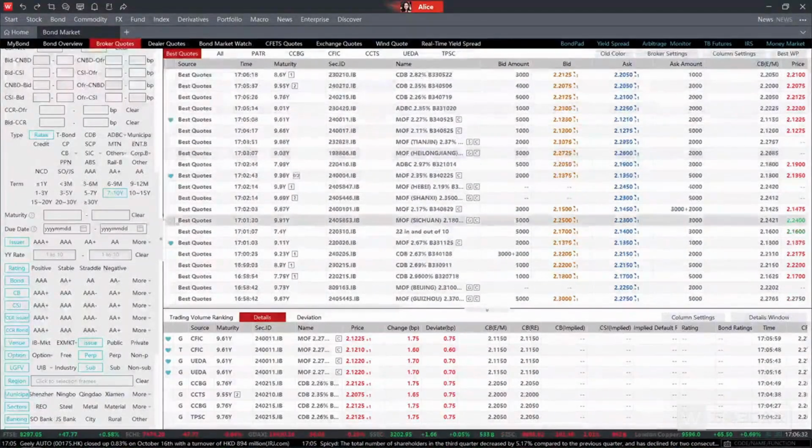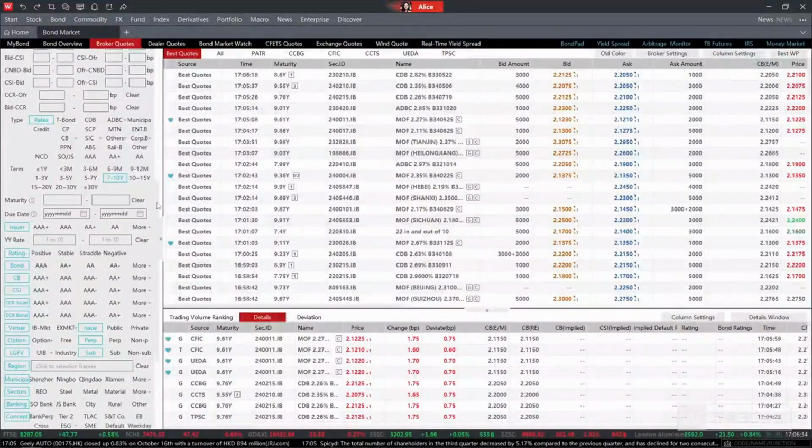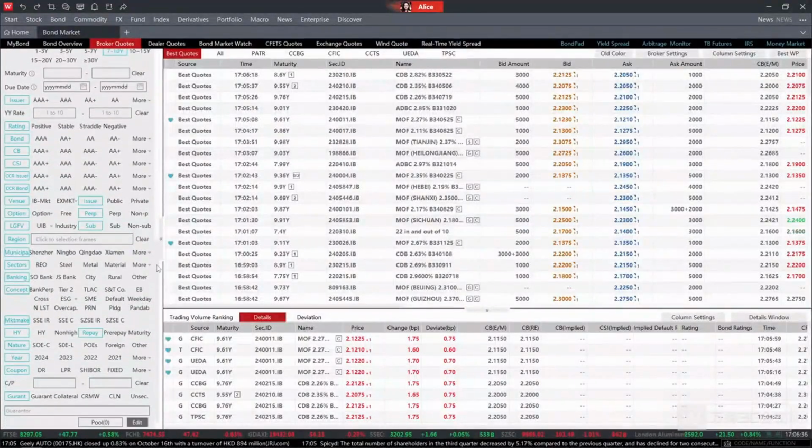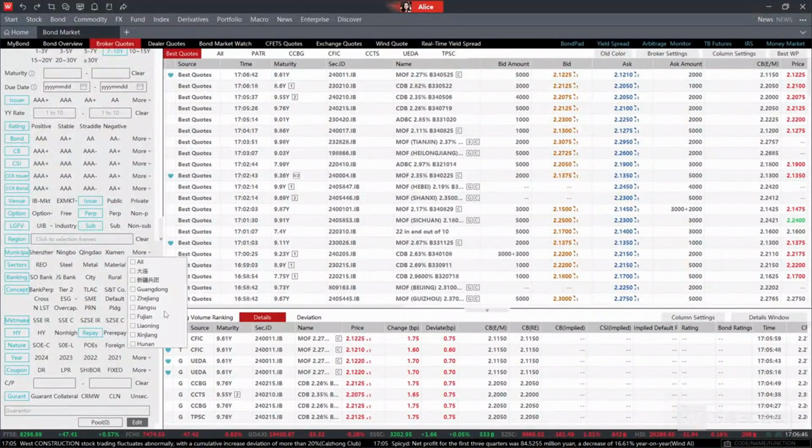And at the same time, if you scroll down again, you can see that because we are looking at the interest rate bond, the municipal bond also belongs to the interest rate bond. And right now, because we are located in Shanghai, we can choose different kinds of categories over here. Take Shanghai for example.